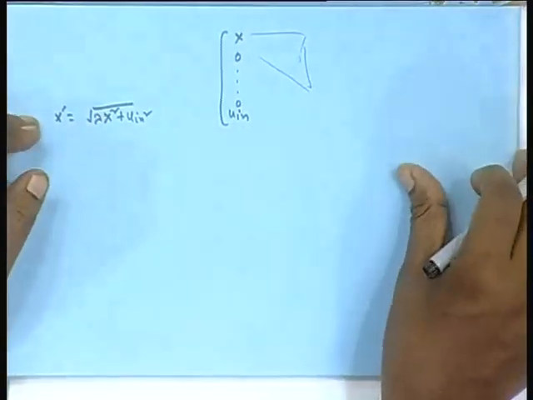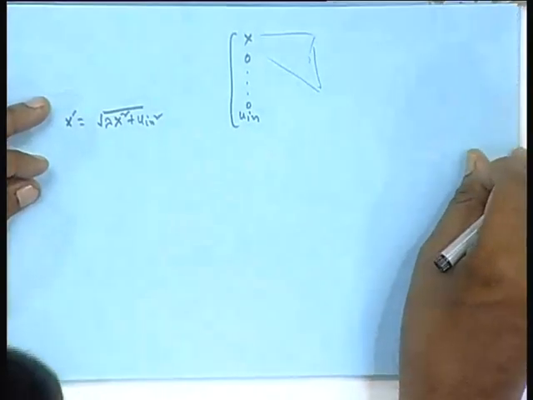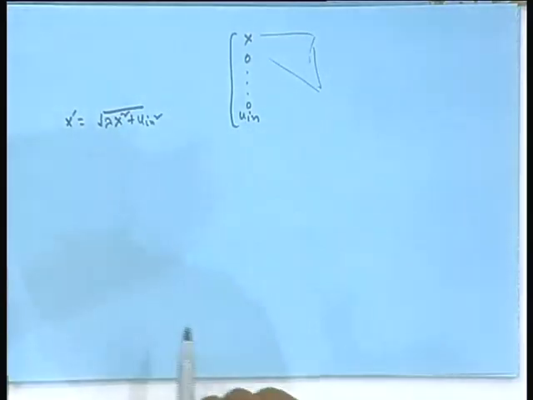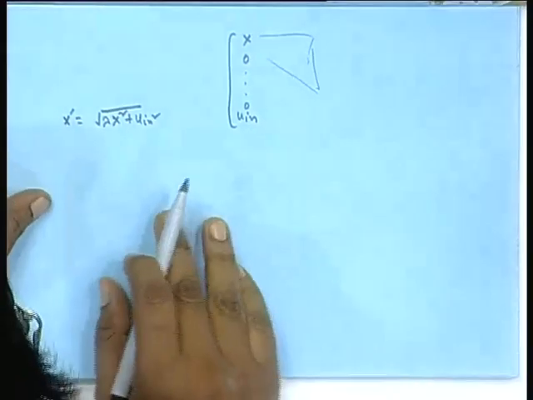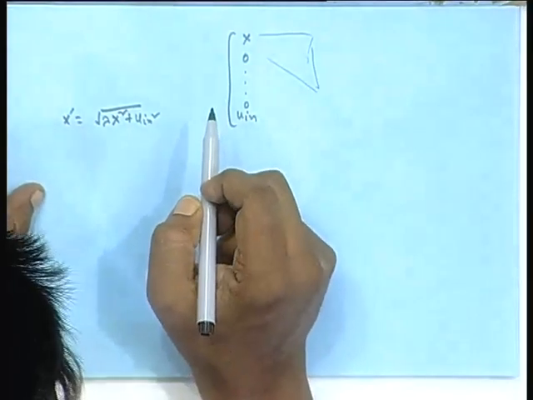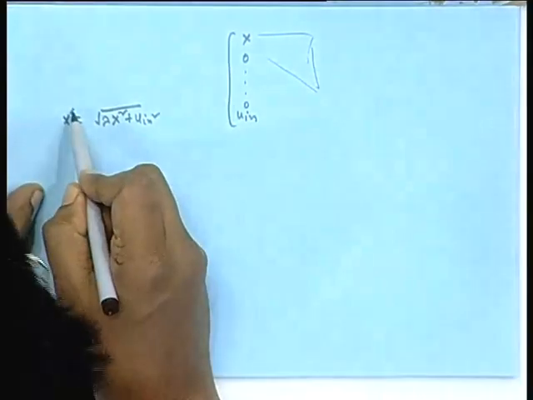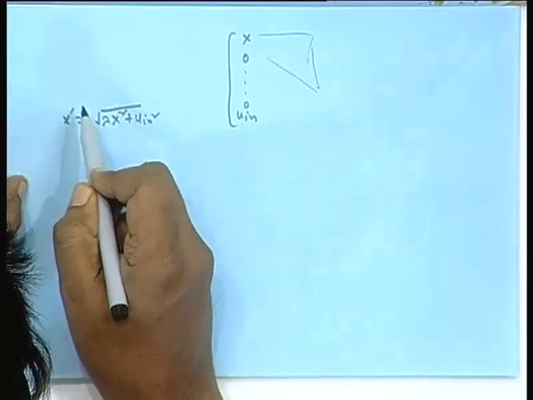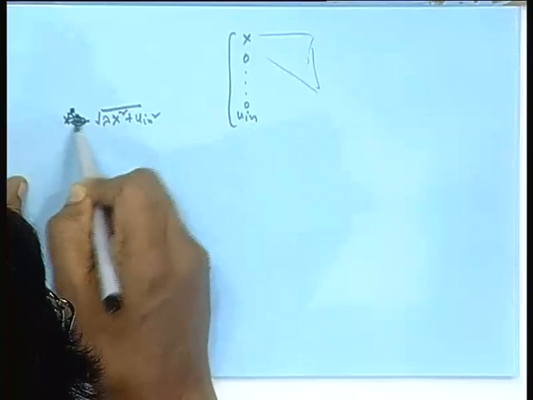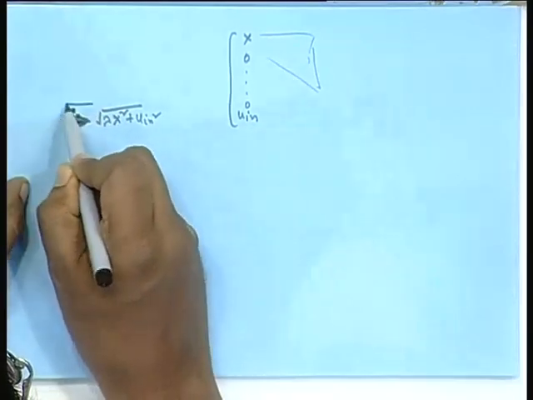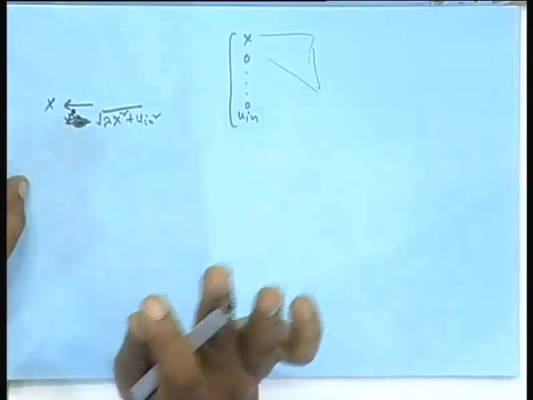When it is not, you find out x prime, this is a length. In fact, let me say that you consider this instead of x, this goes for x, not x prime.